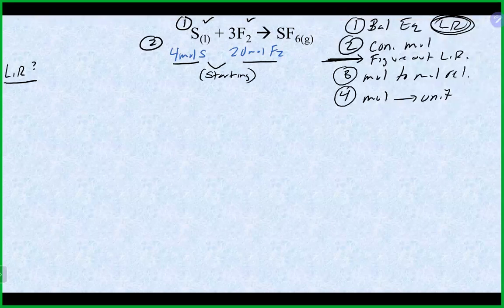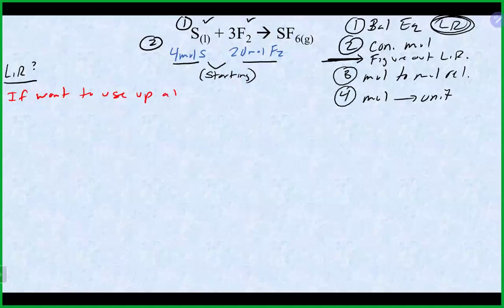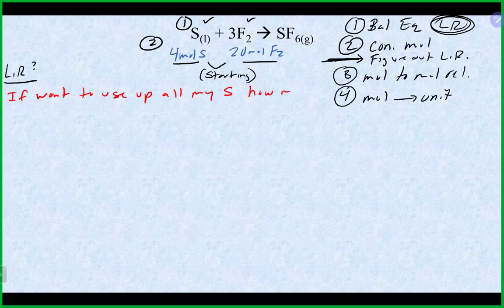This is basically the question we're trying to figure out: let's say I want to use up all of my sulfur, how much F2 is needed? I want to use up one of my reactants. How much of the other reactant is needed to do that? So let's do that calculation.